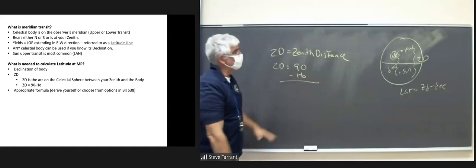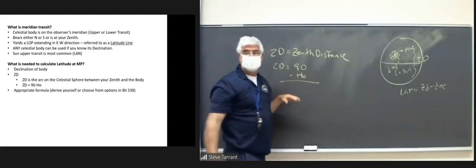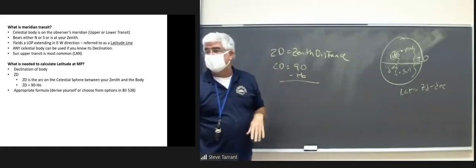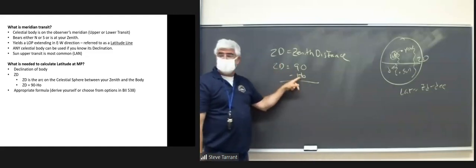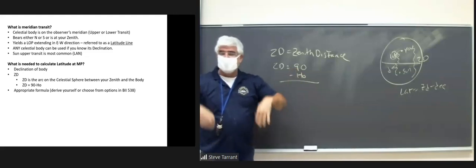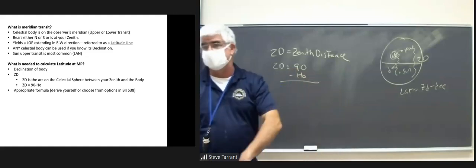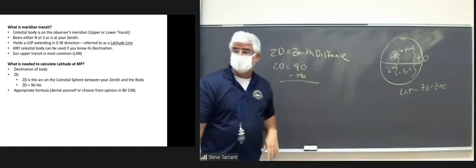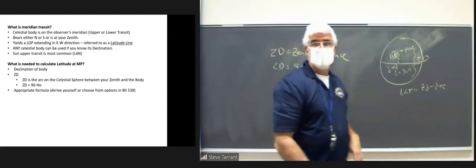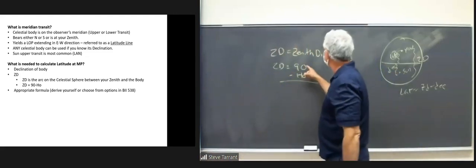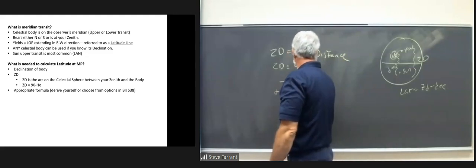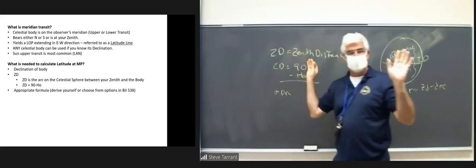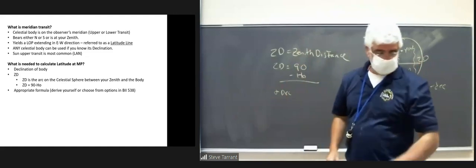Every one of these formulas is going to involve ZD and declination. Every time you take HO and subtract it from 90, and then you'll add declination, or subtract declination, or subtract this from declination. Every one involves 90, HO, and something you do with declination to the ZD afterwards, and you're done.